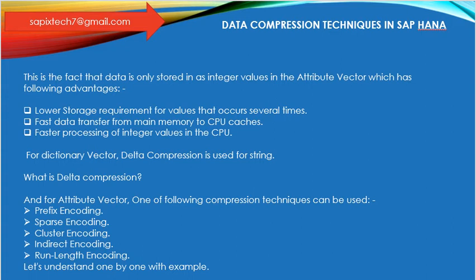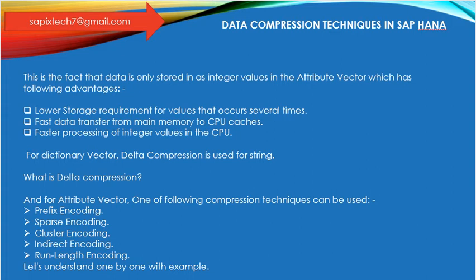And there are various encoding processes which I will discuss, and I'll show you practically how prefix encoding, sparse, cluster, indirect, and run length encoding convert data into these encoding formats.